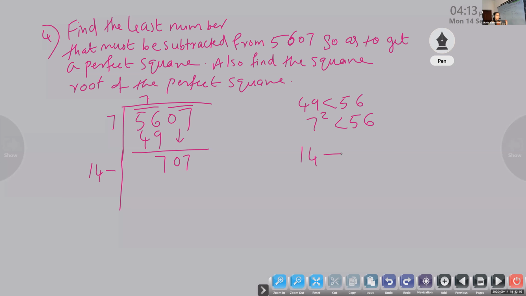We won't get exactly 707, but find the number which comes nearest to 707. When we write a number and multiply by the same number, we will get a number nearer to 707. Find that number. Which will be 4.